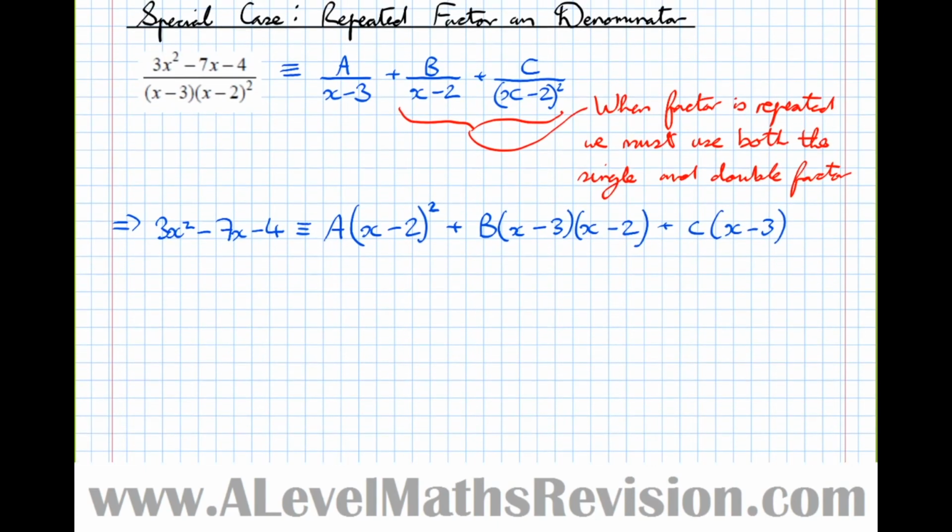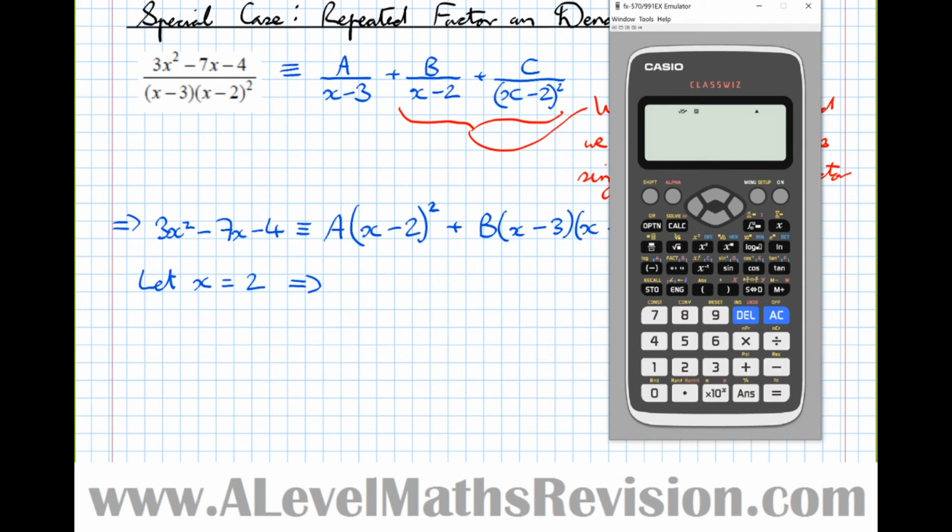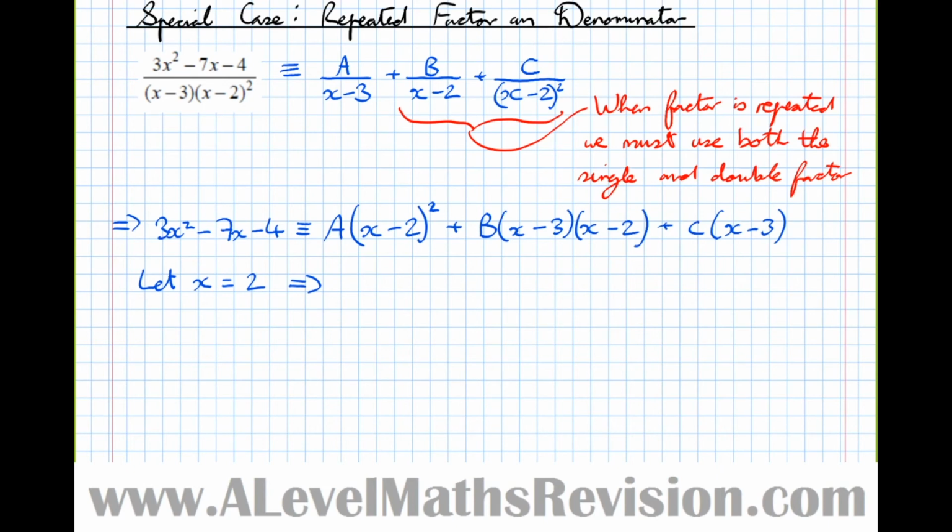Right, so now let's choose tactical values of x to sub in. So I'll let x equal 2 first. And I don't want to get caught out by arithmetic errors, so I'm going to start using a calculator here. 3 lots of 2 squared minus 7 lots of 2 minus 4 gives me minus 6 on the left hand side.